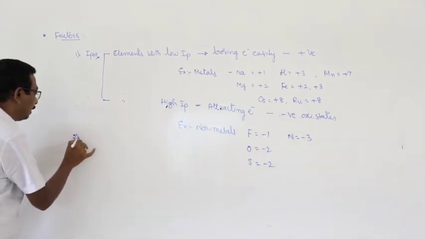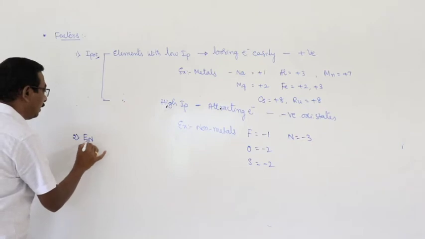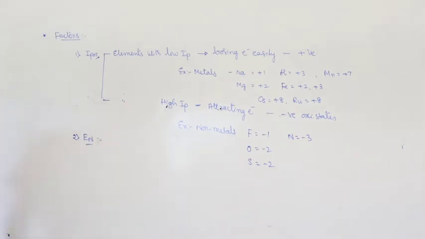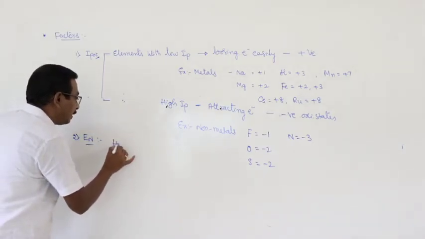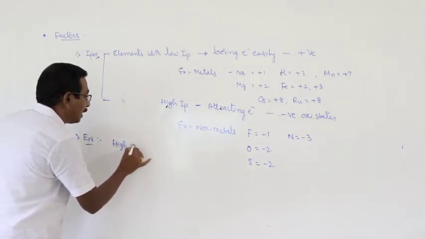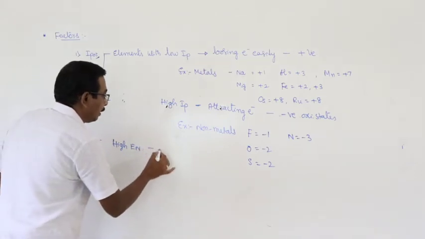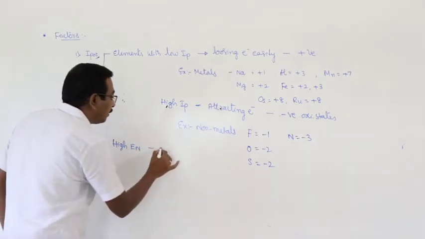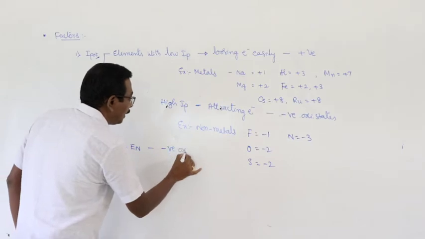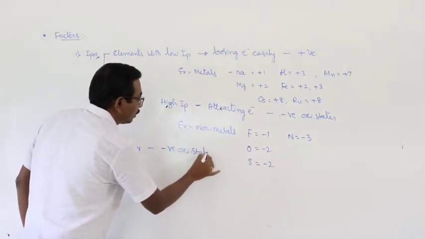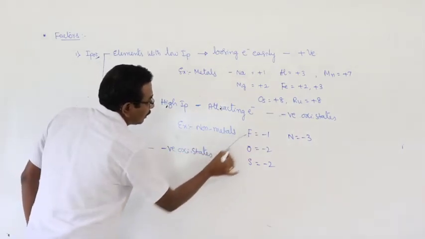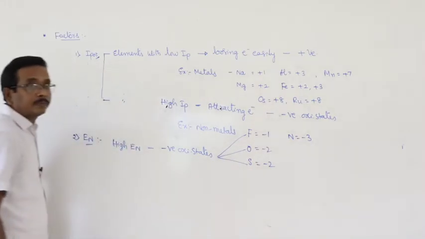And the second one, electronegativity. How does electronegativity influence the oxidation states? The elements with high electronegativity give negative oxidation states. These are all examples for this.